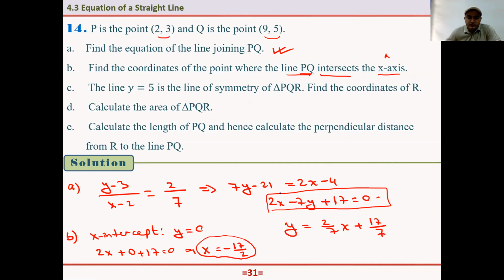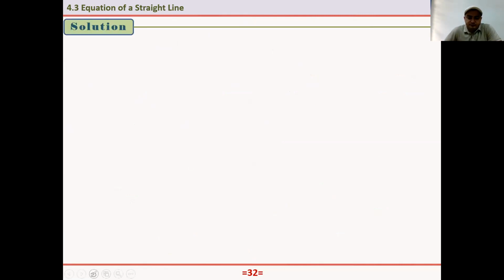Okay, now we can draw this maybe. The line y equals 5 is the line of symmetry of PQR. Find the coordinates of R. Now if I just draw the picture, it looks like 2, 3, and 9, 5. That is the y-axis, this one is the x-axis.